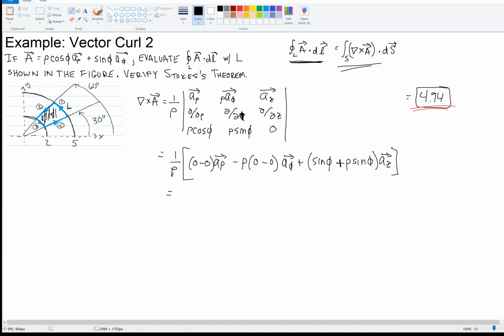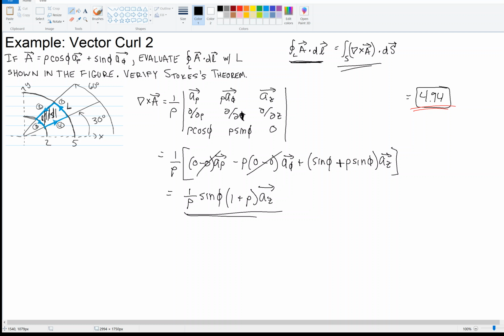And our curl, then we've got this 1 over rho here. All of this is 0. And we've got 1 over rho. I guess the sine can come out, right? Times the sine of phi times 1 plus rho in the z direction. Okay, that's really nice. So that's our curl.